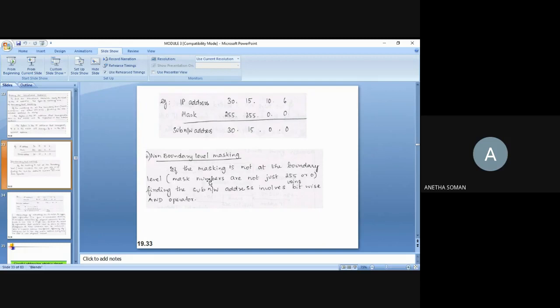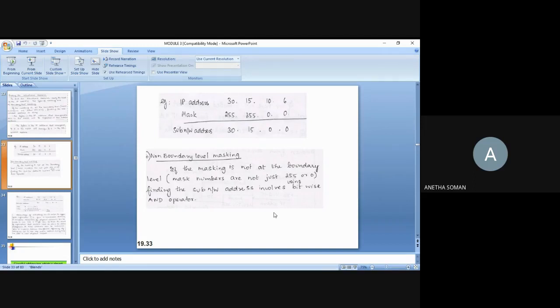Okay. Now, the second level of masking is called non-boundary level masking. The meaning is the values of the mask are not at the boundary. They are not just 255 or 0. If they are not 255 or 0, how will you identify the subnetwork address?